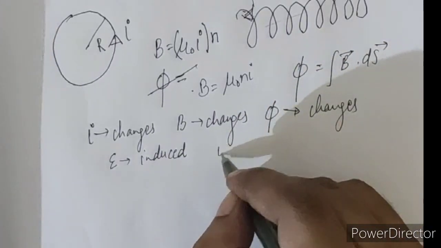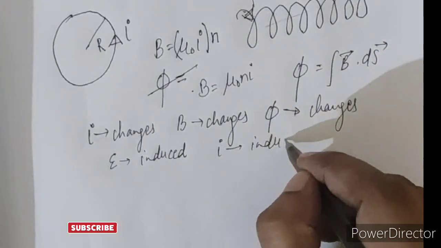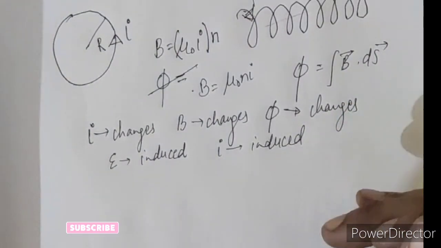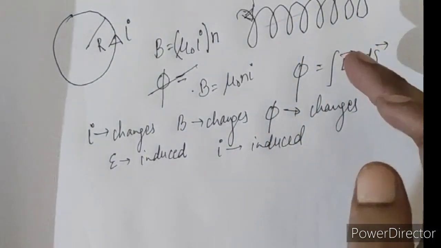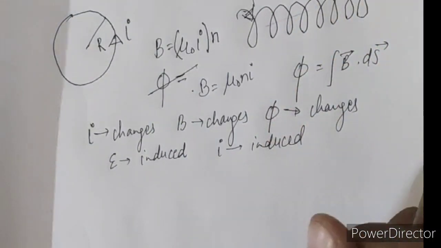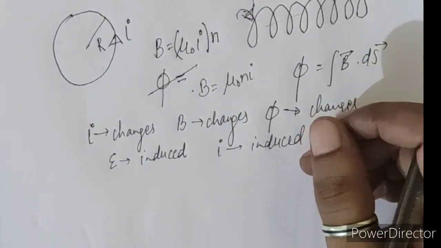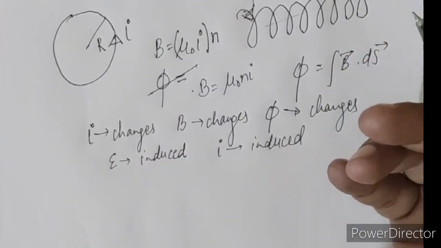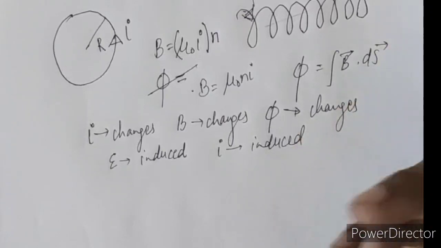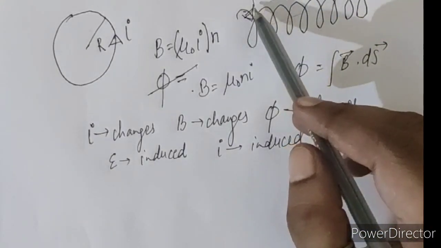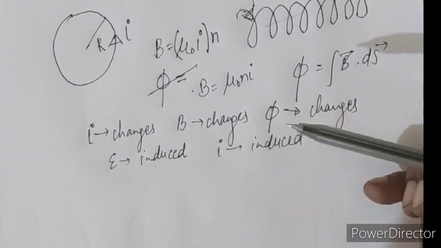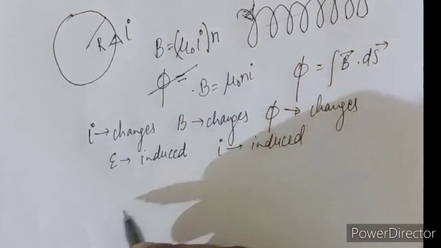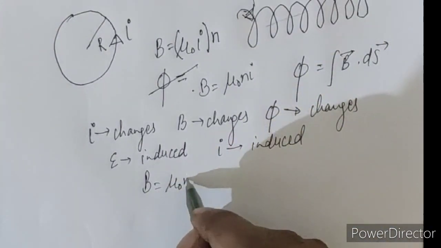If EMF is induced, that means current is also induced, and the current which will be induced will be in the opposite direction to the current which has produced it. Basically it is according to Lenz's law, which says that anything which induces the voltage or the current will be opposed by the induced current. So if the current is clockwise, then the induced current will be in anti-clockwise direction.